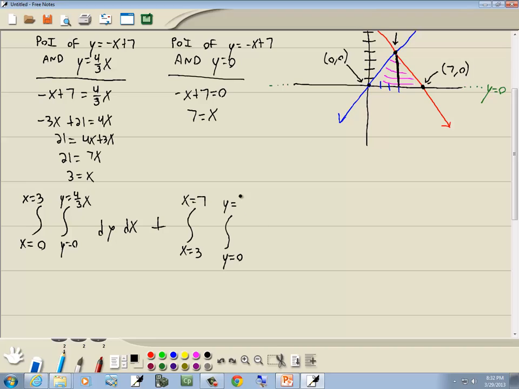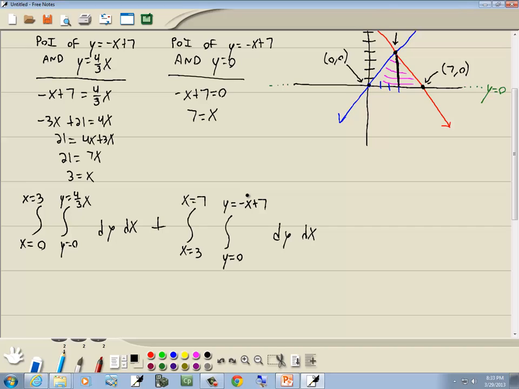So y is equal to negative x plus 7, or 7 minus x. However you want to do it. And then dy dx. So again, you're looking in terms of your y values. This always has to be a smaller one. This is your larger one, smaller one, larger one. In terms of the x and y, I should say. Smaller, larger, smaller, larger.